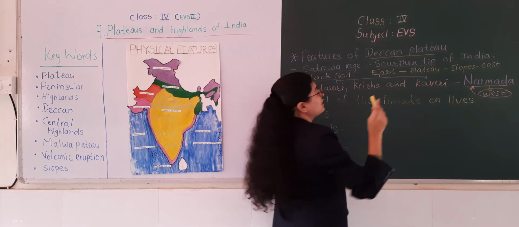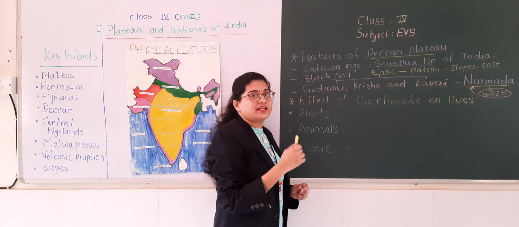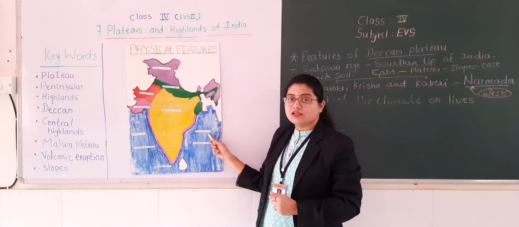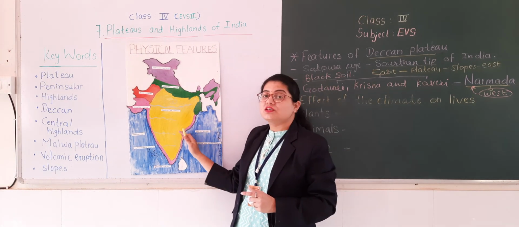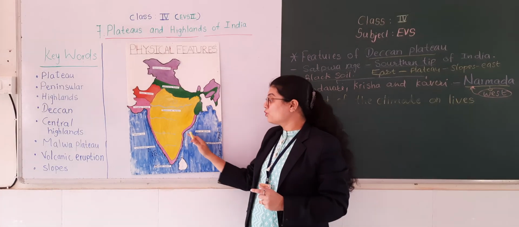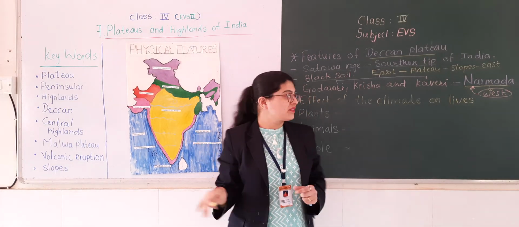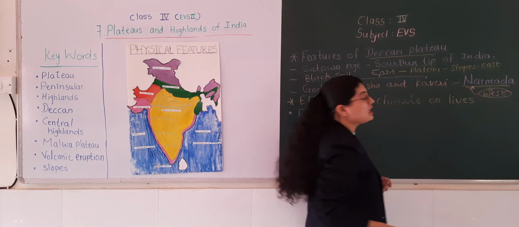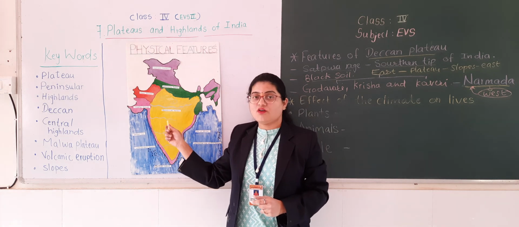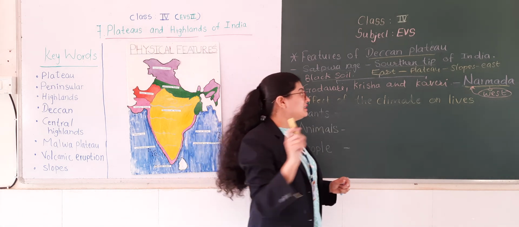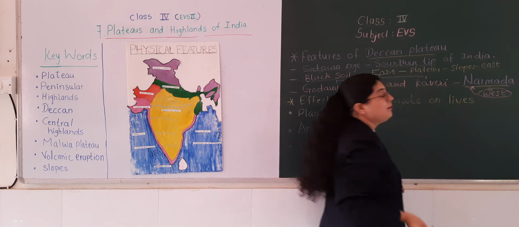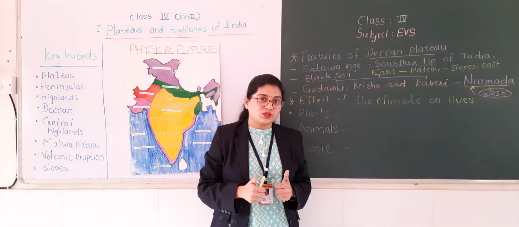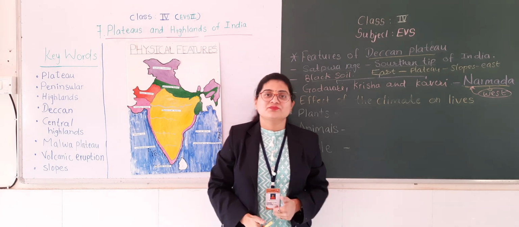These three rivers flow toward the east and meet the Bay of Bengal, because the slopes here are towards the east. And the main river Narmada also lies in this region of the Deccan Plateau, and it flows toward the west and meets the Arabian Sea. Alright students, did you understand the features of the Deccan Plateau?